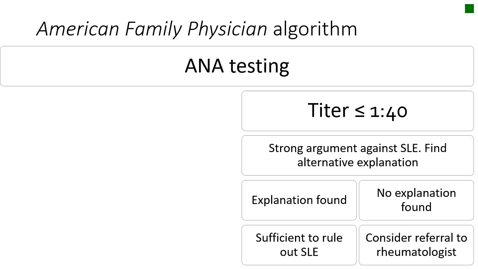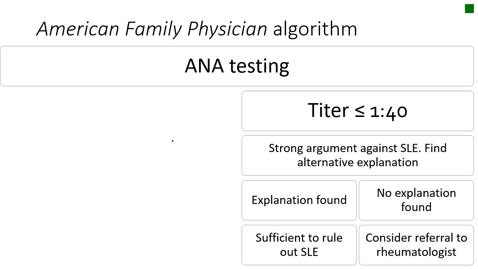Now let us see what the American Family Physician journal has to guide us. It says that if the titer is less than 1:40, then there is a strong argument against SLE. In our case, of course, the ratio is much higher. So we will retain this condition and see the guidelines provided by this publication.